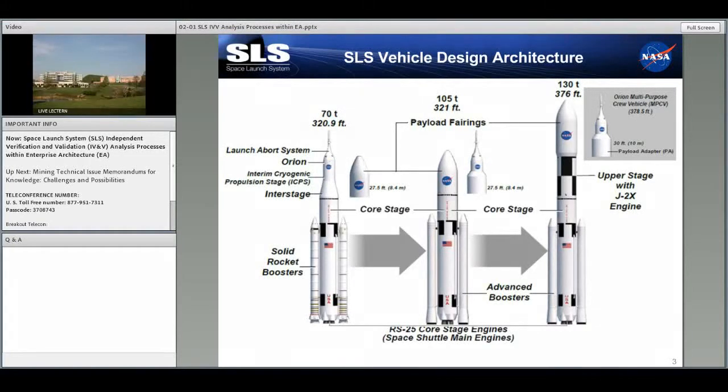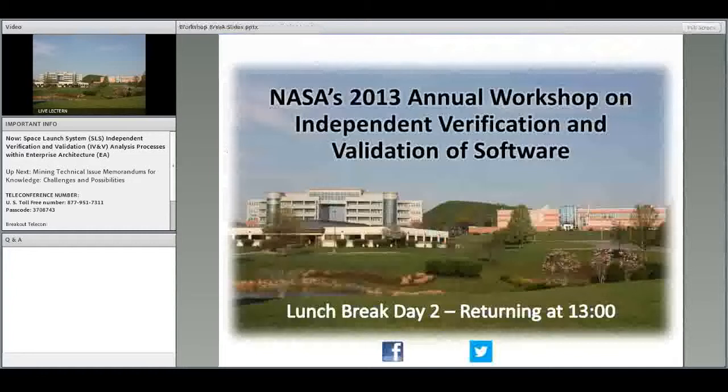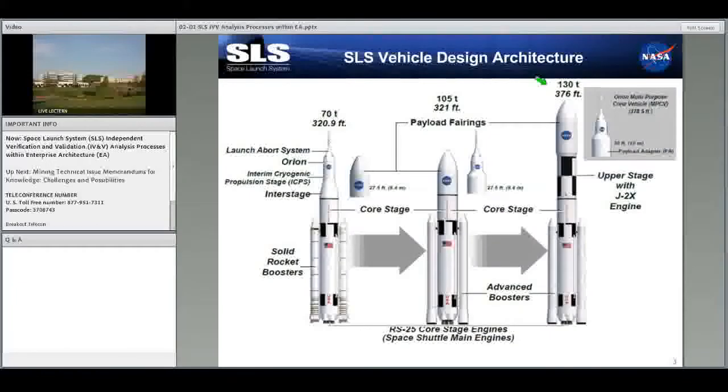And basically, the differences are on the top of the vehicle. The payload goes from 70 to 105, to 130, with advances of different portions of it, primarily managing payloads and increasing capability. Any questions here?